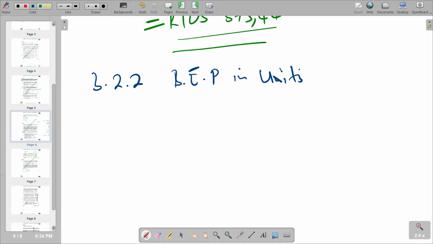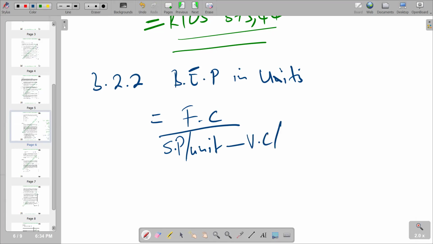This is the formula that we are going to use for break-even point in units: fixed cost over selling price per unit minus the variable cost per unit, which is the margin. So that we can find the break-even point in units.